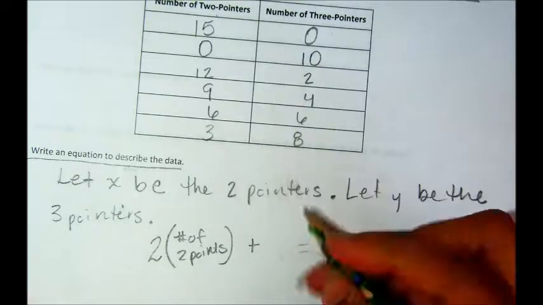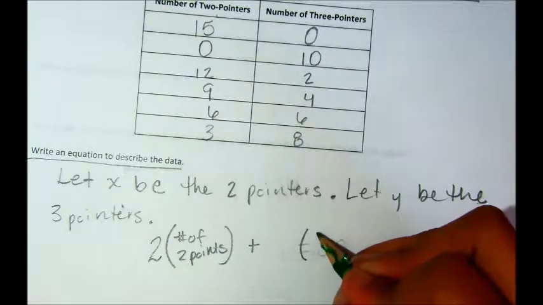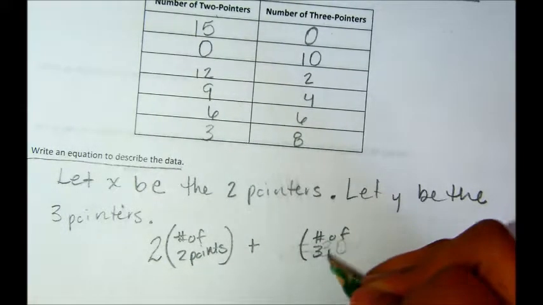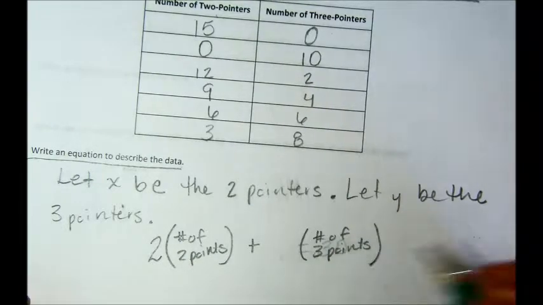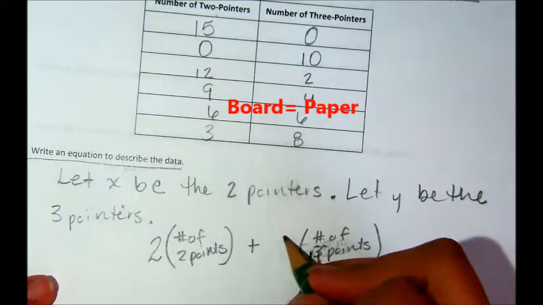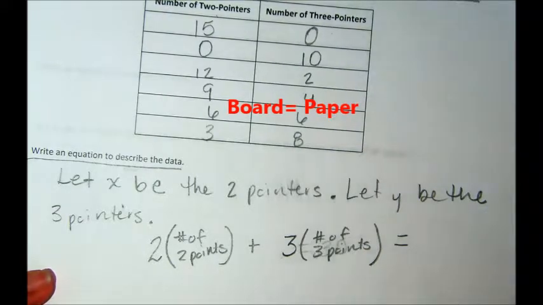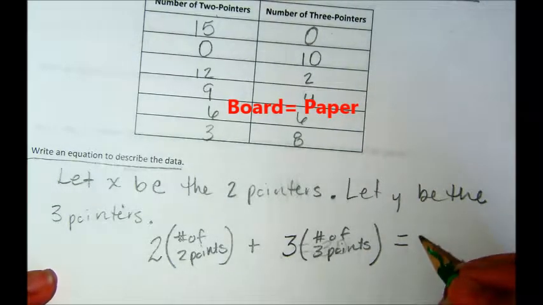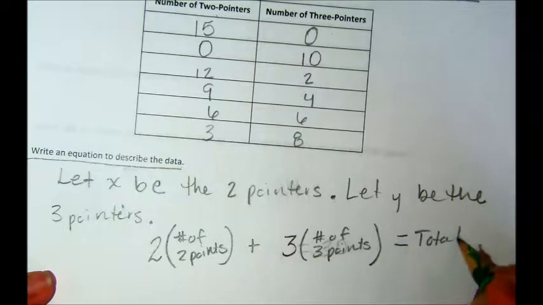That's going to be added to the number of 3 pointers, which has to be multiplied by 3. That is equal to total points.